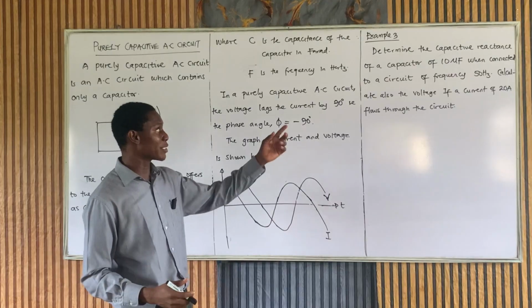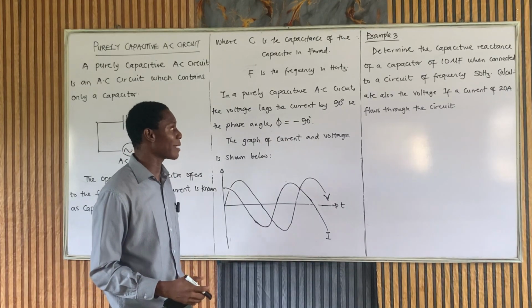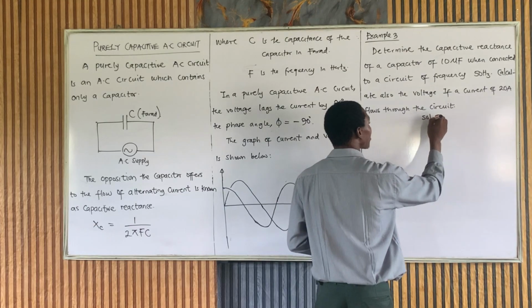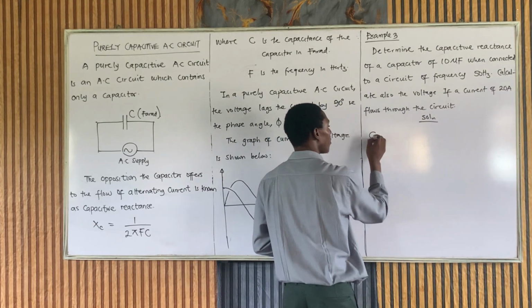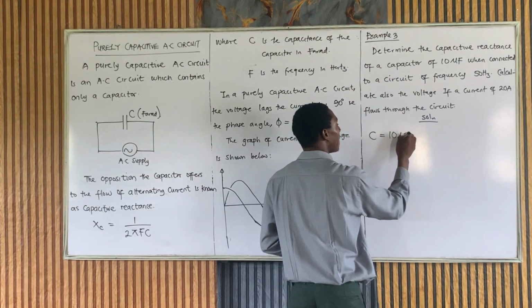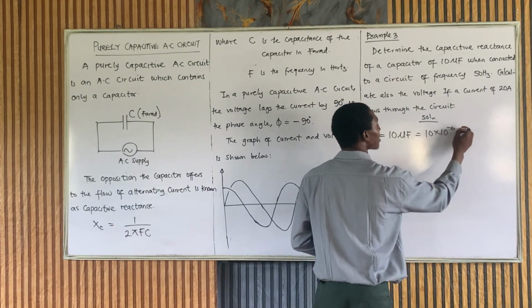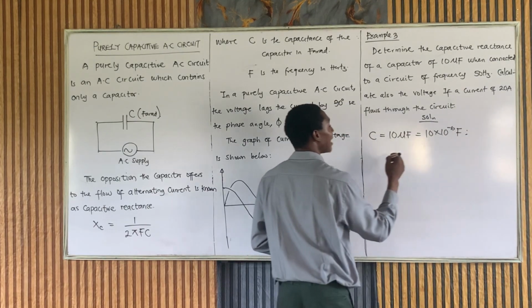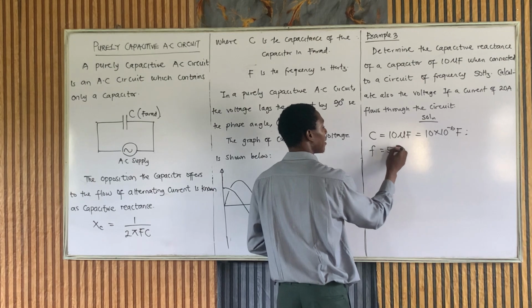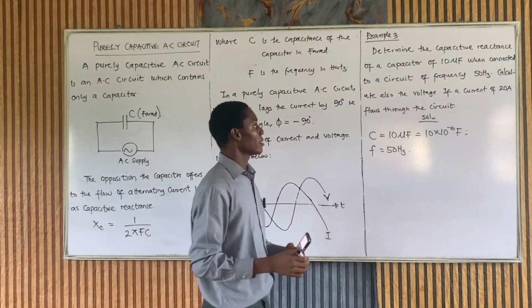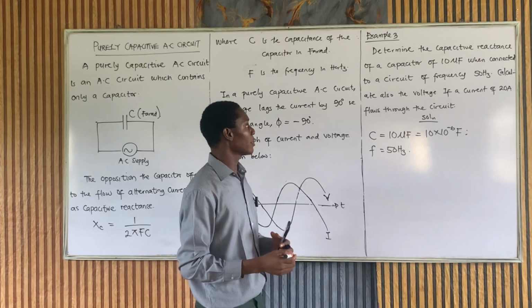Now let's look at this question. Determine the capacitive reactance of a capacitor of 10 microfarad. So we are given the capacitance of the capacitor here, 10 microfarad, which is 10 times 10 raised to the power minus 6 farad. And then the frequency, 50 Hz. Calculate the voltage.